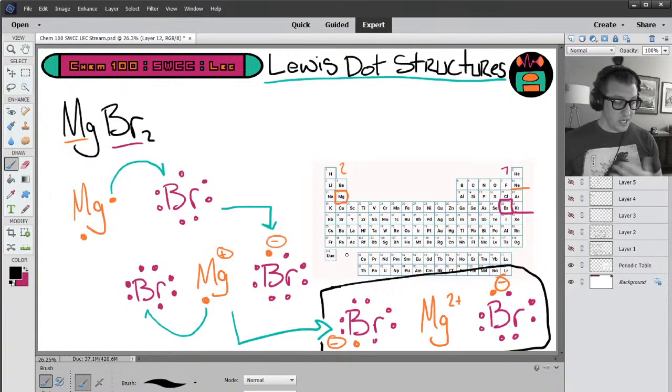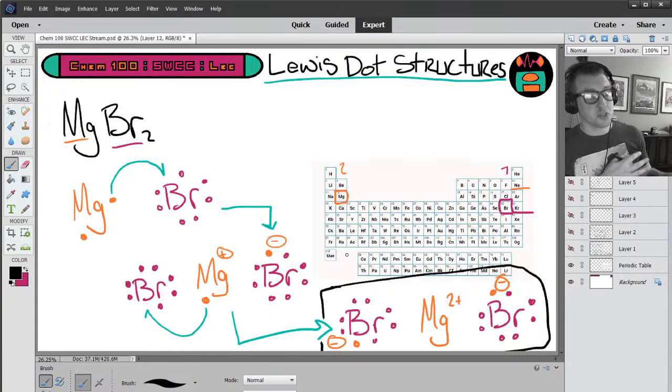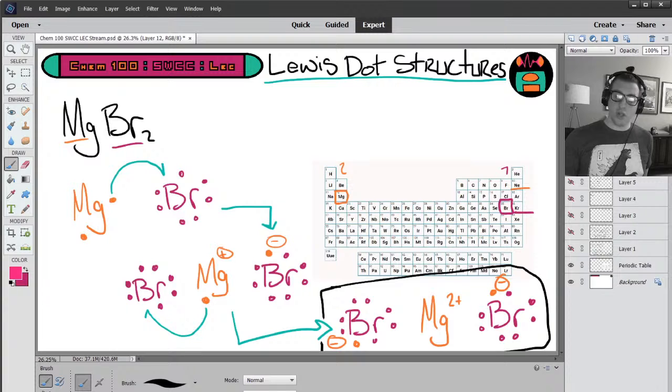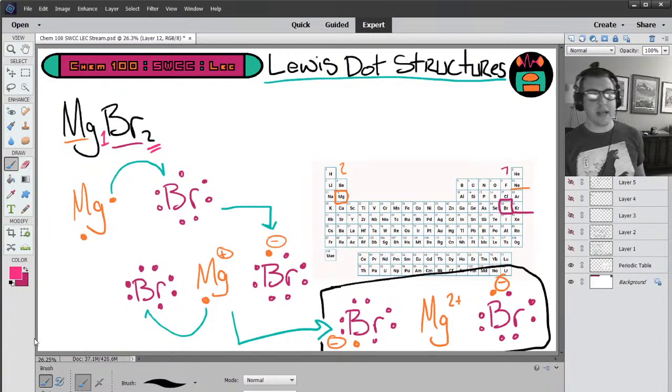Now you remember when I was first introducing how to name these things, and I said, oh, they always combine in the same ratio. There will always be 1 sodium with 1 chloride. There will always be 1 magnesium with 2 bromides. Now you know the reason. The reason why there will always be 2 bromides to the 1 magnesium in magnesium bromide is magnesium starts with 2 electrons it wants to give away, but bromine starts with the need for only 1 electron.